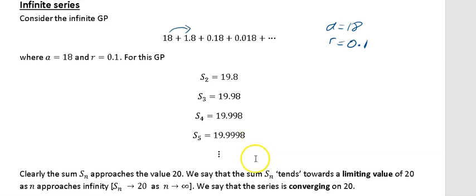You can see it's very quickly going to a limit, and clearly the sum Sn is approaching the value 20. So we say that the sum Sn tends towards a limiting value of 20. If we went to the infinite term, your sum would be equal to 20, and that's it.